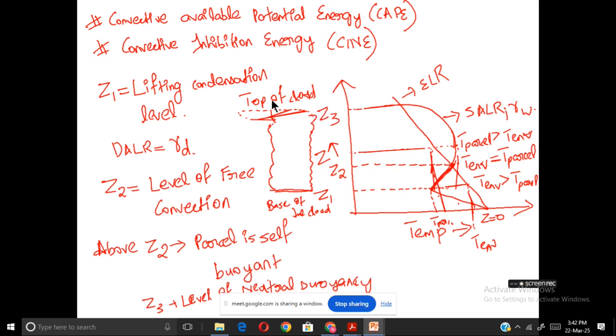And it will generally take an anvil shape because since it can't extend further vertically, it will start extending horizontally. So this is a cumulonimbus cloud.